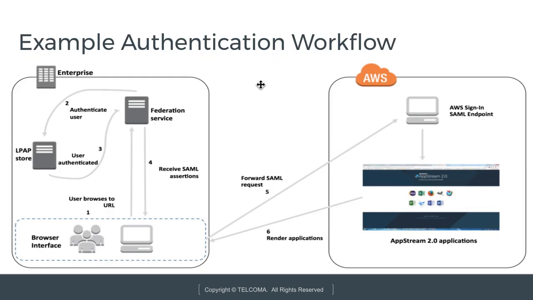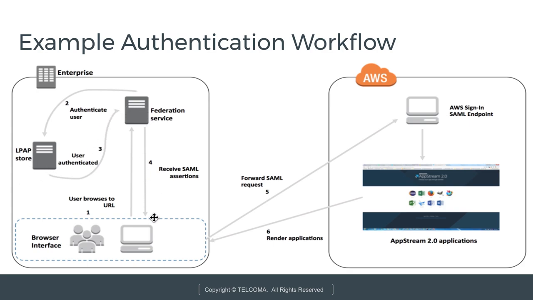So this is an authentication workflow. Let's discuss it. Now this is a browser interface. Here we have the users. This is AppStream 2.0. Here we have various applications that we require to use. So the user browses a particular URL. It goes to the federation service to authenticate. For authentication, we have an LDAP store. Here, the user will be authenticated.